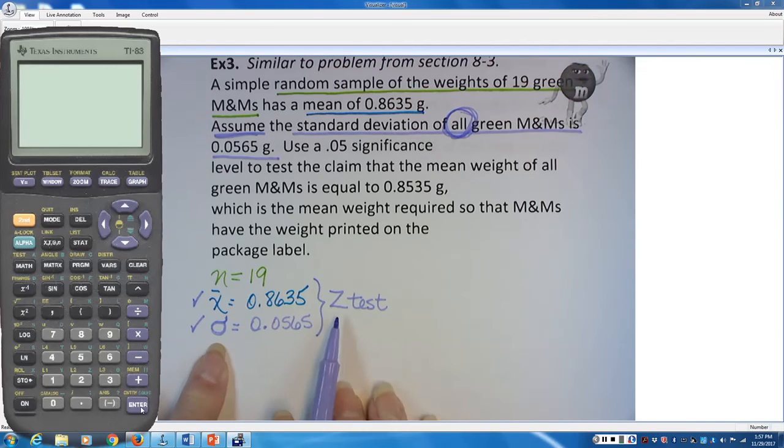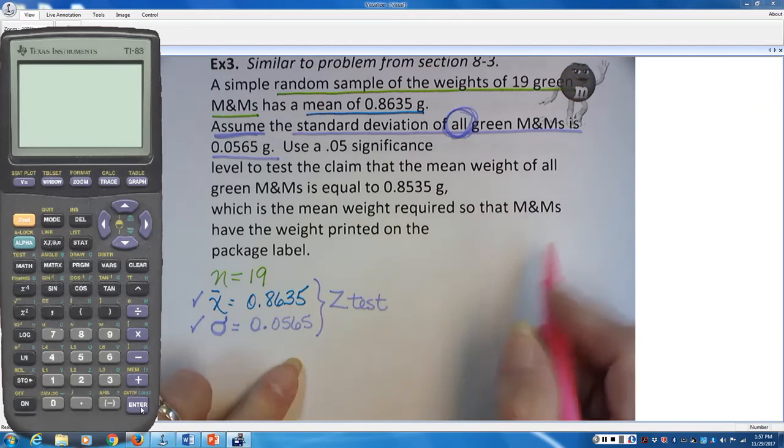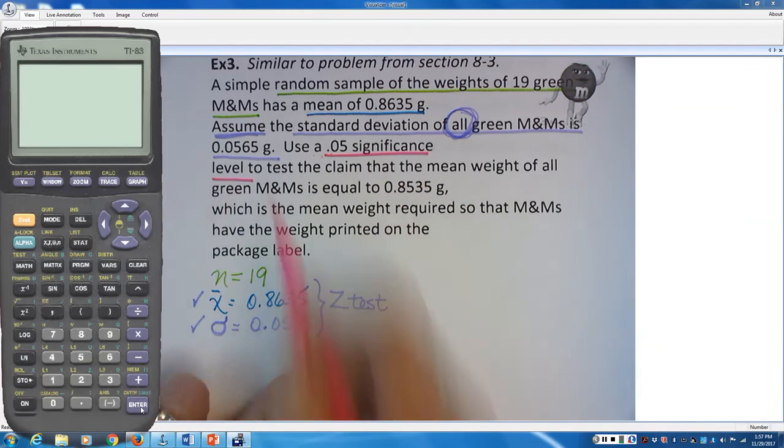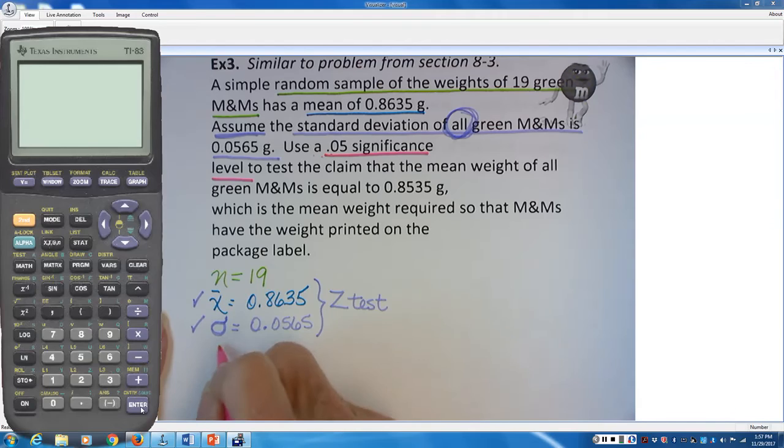So we know this is going to be a z-test. And then it says use a 0.05 level of significance. So that told us alpha. And then here comes the claim.